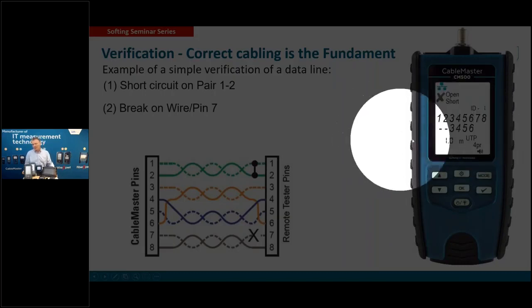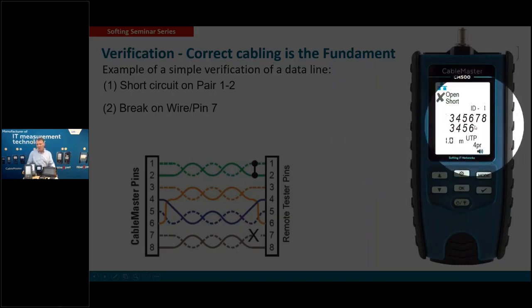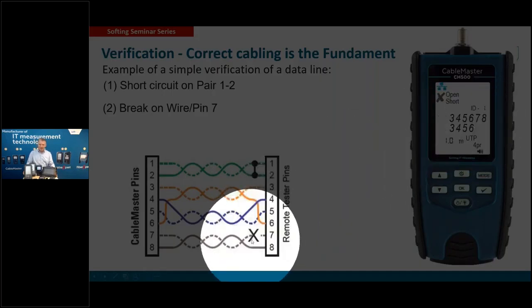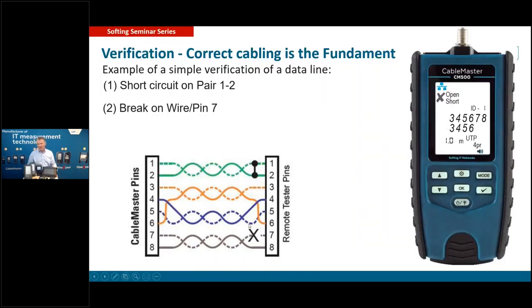That means it has a break there. So why the entire pair? Because, of course, I have only a break on wire 7, but this kind of device can only show you that if one line is not connected, the entire pair is not connected. That depends on the measurement type of this equipment.